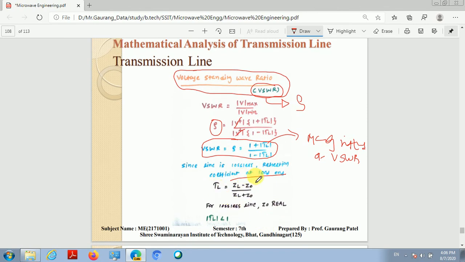In this reflection coefficient, Z0 is a real quantity, and suppose the load impedance is complex, still the magnitude of this reflection coefficient is always less than or equal to 1. So Z0 is real and ZL is complex, but if I find the magnitude of this quantity, it is always less than or equal to 1.